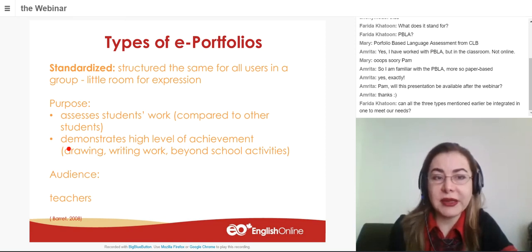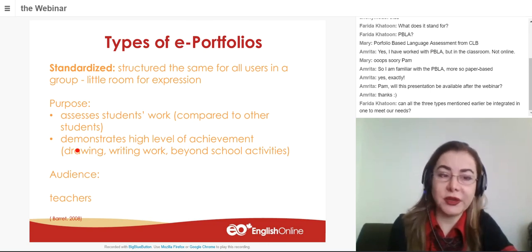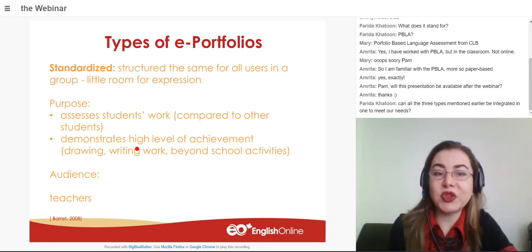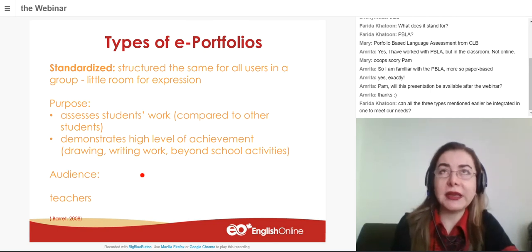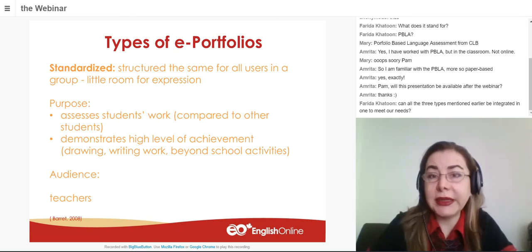So here, as I was saying, the purpose for standardized is mainly to assess students' work compared to other students, other peers, demonstrate high level of achievement. So depending on what student has completed. As I was saying, this type of e-portfolio can be applied in linked classes.